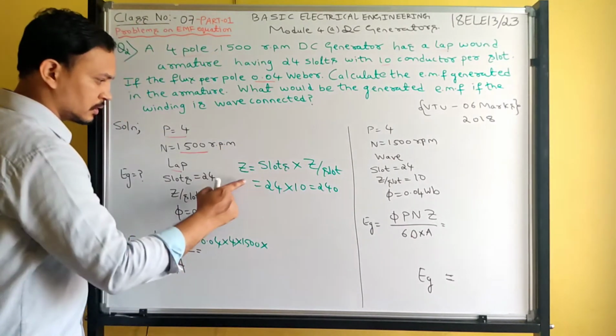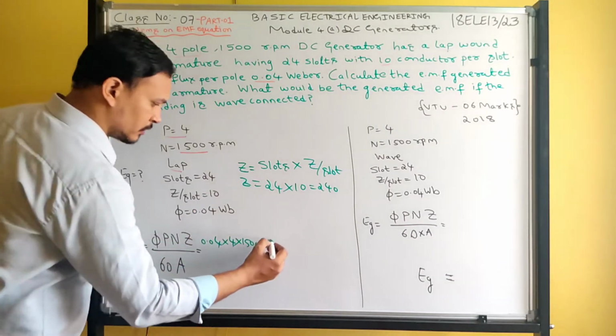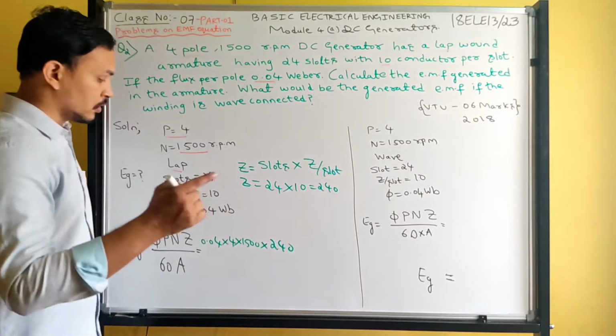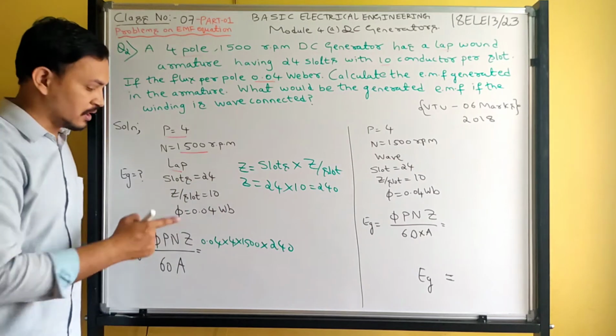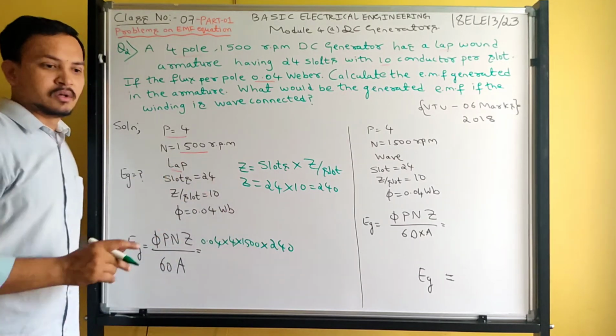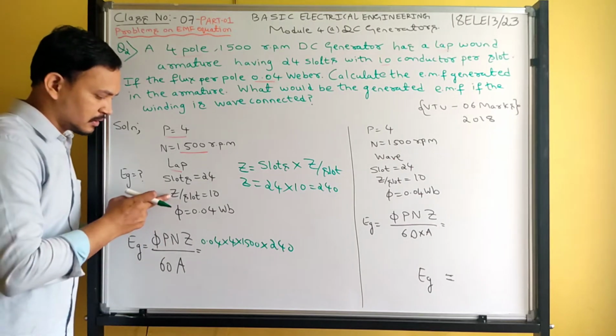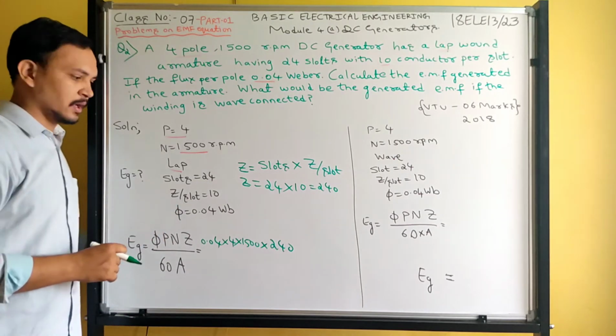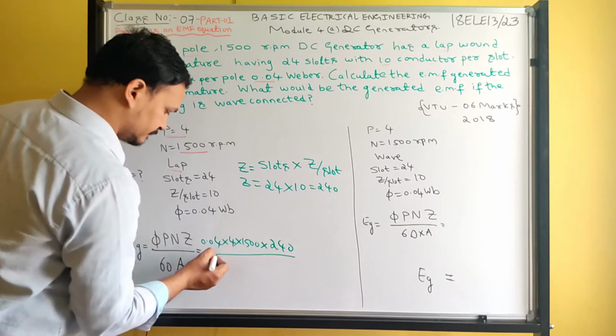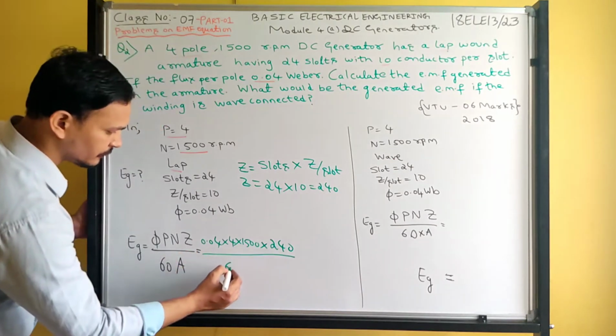Now substitute the Z value, 240. Please don't write 24 or 10 directly here. This Z indicates the total number of conductors. Don't take conductors per slot. So divided by 60 into A.